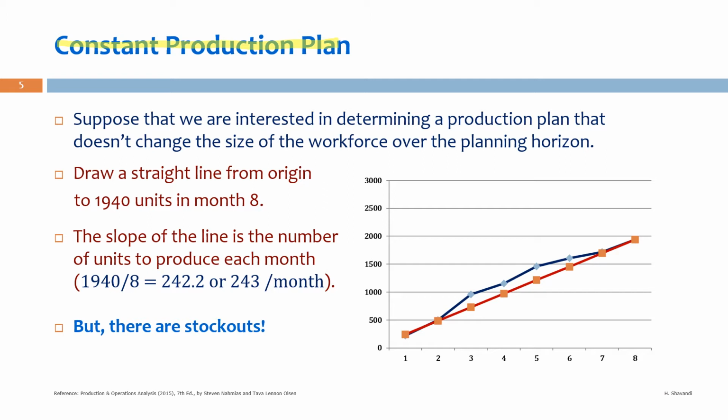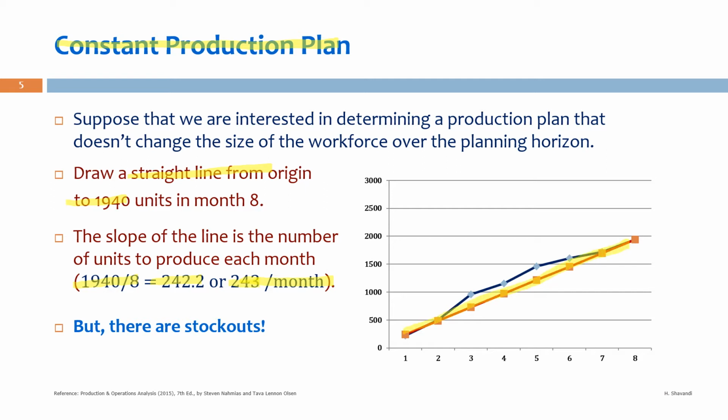To do so, we just need to draw a straight line from the origin to 1940 units in month 8, and the slope of this straight line will be the production level of each month, which will be 1940 divided by 8. It will be 242.2, and we always need to round up the decimals, so it will be 243 per month.